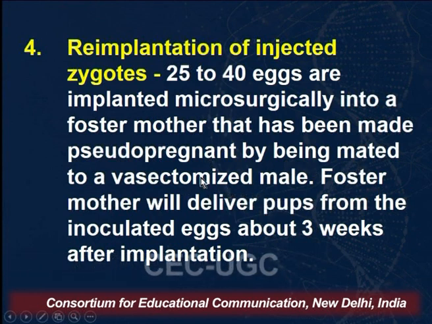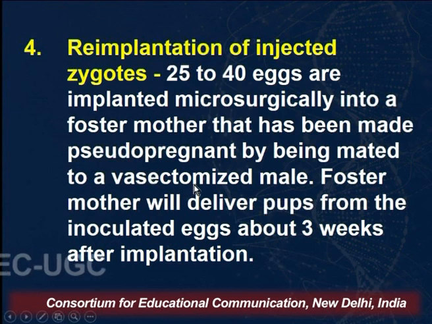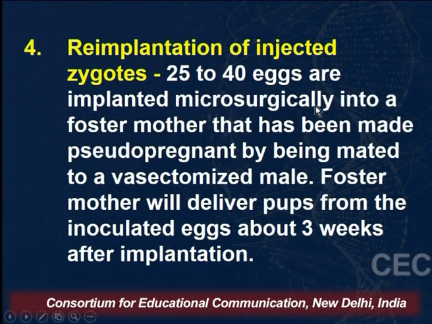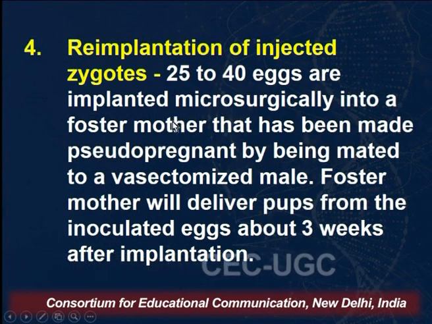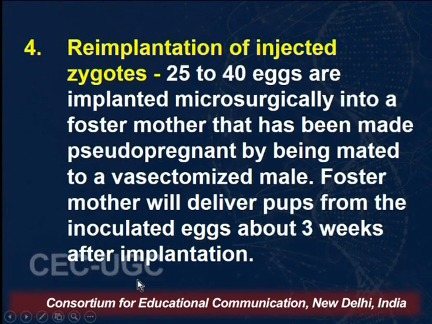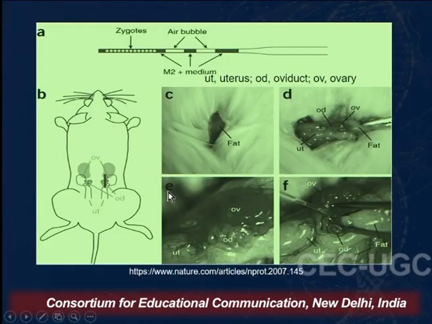They are in the same cycle, as I said in our previous session, where we discussed how the vasectomized males are produced, and the breeding is done simultaneously with the superovulated female and a normal male, so that you get a pseudo-pregnant foster mother which is at the same stage as our superovulated mother. These foster mothers will deliver the pups from the injected eggs about 3 weeks after the implantation. So, this is how the reimplantation is done.